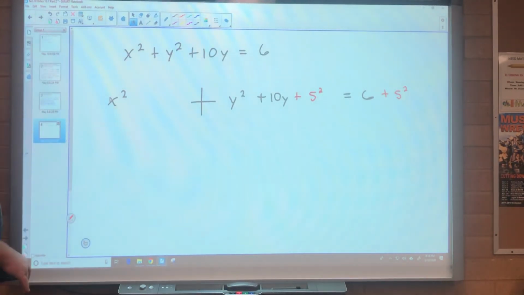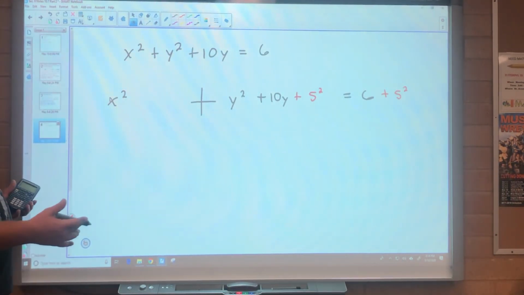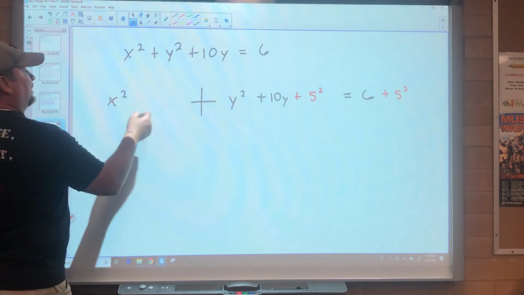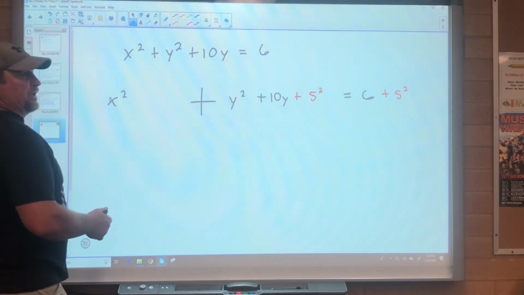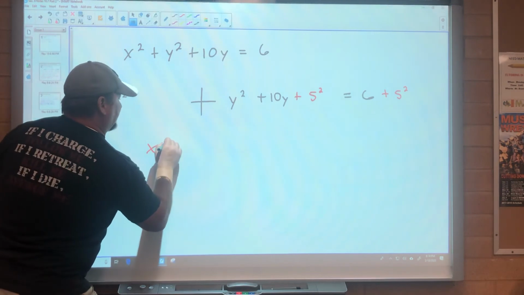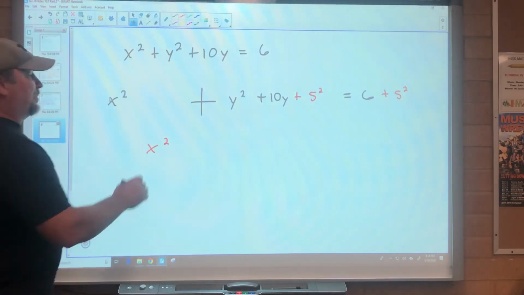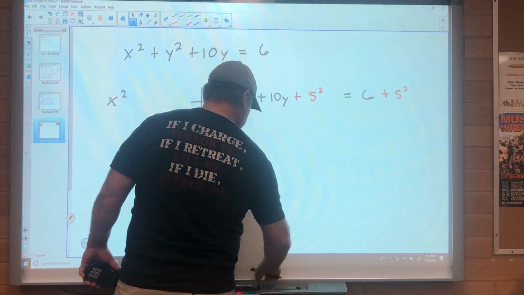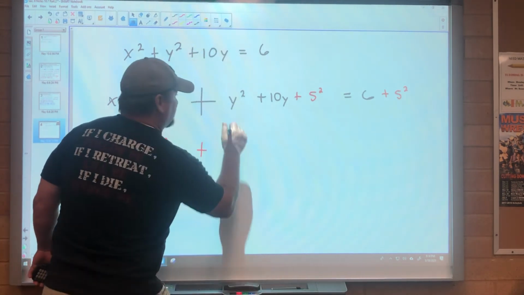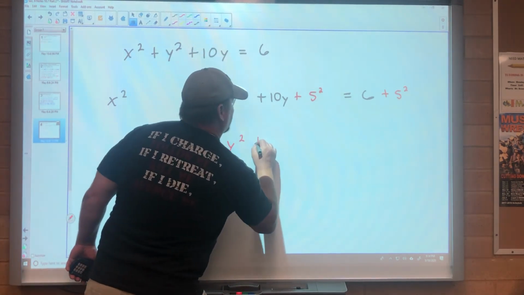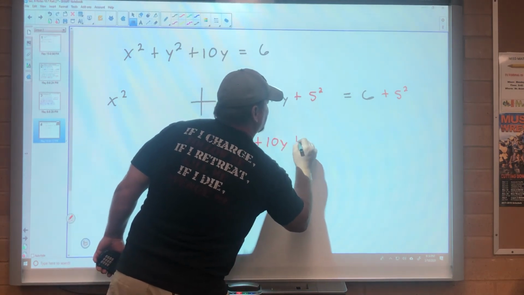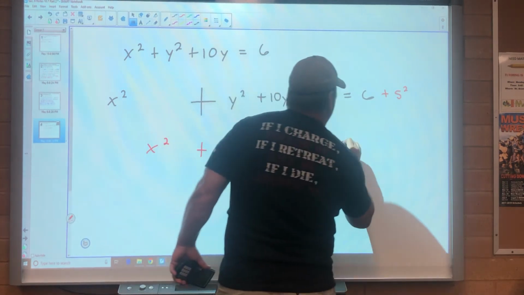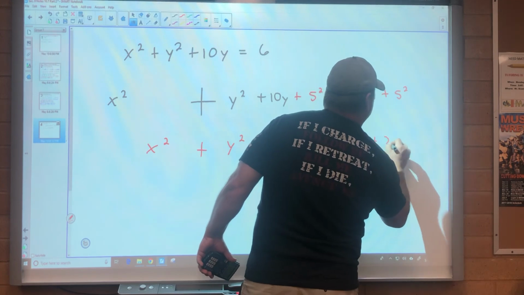Okay, so now, how do I complete the square? Well, this one is already done because it is completed. So remember, that one's just going to look like this. The big plus sign, parenthesis, well, not yet. I got to actually do the square. So y squared plus 10y plus 25 equals 6 plus 25.